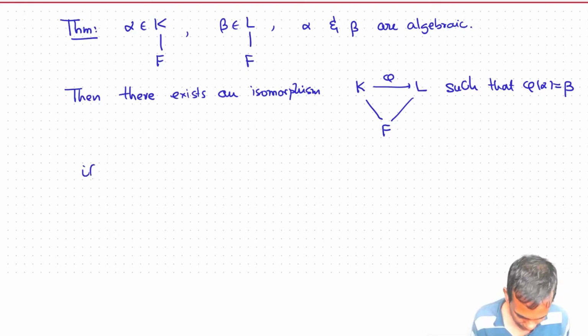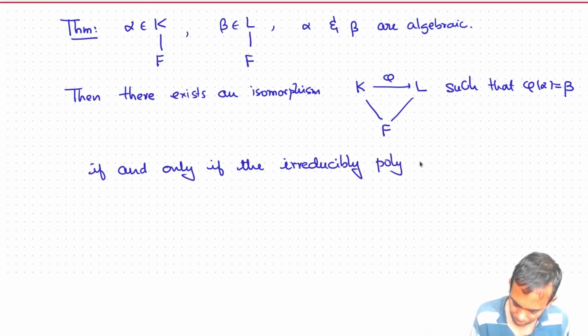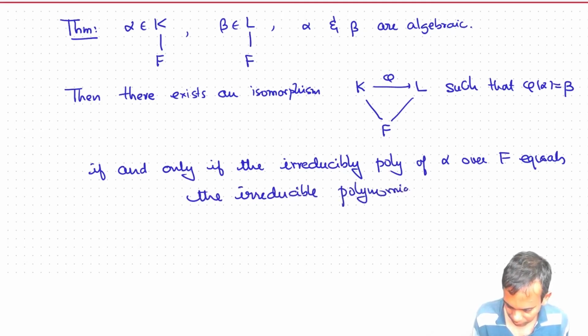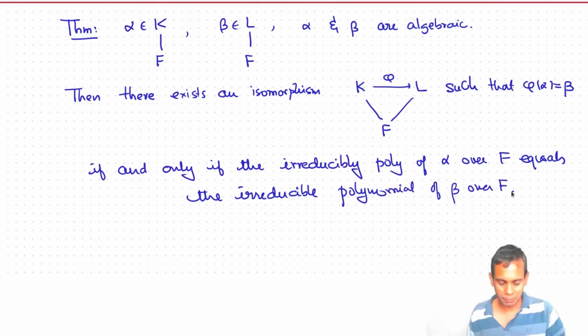Then, if and only if the irreducible polynomial of alpha over F equals the irreducible polynomial of beta over F. So when you put this additional condition that phi must map alpha to beta, then this problem becomes much simpler.